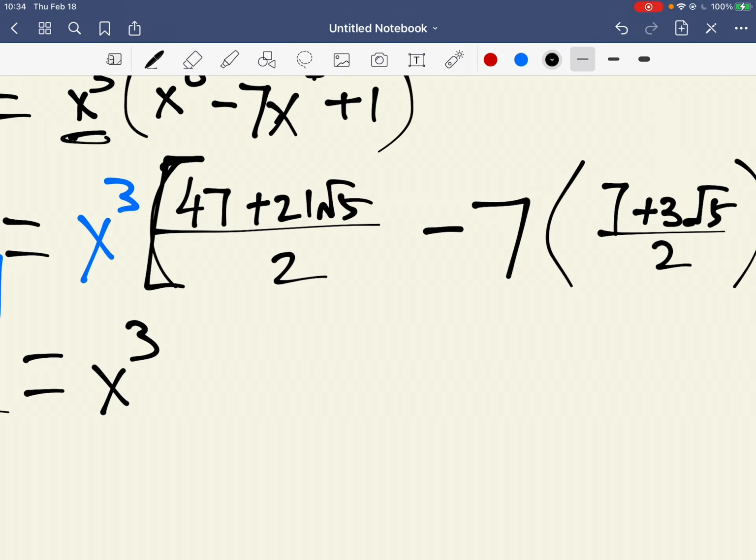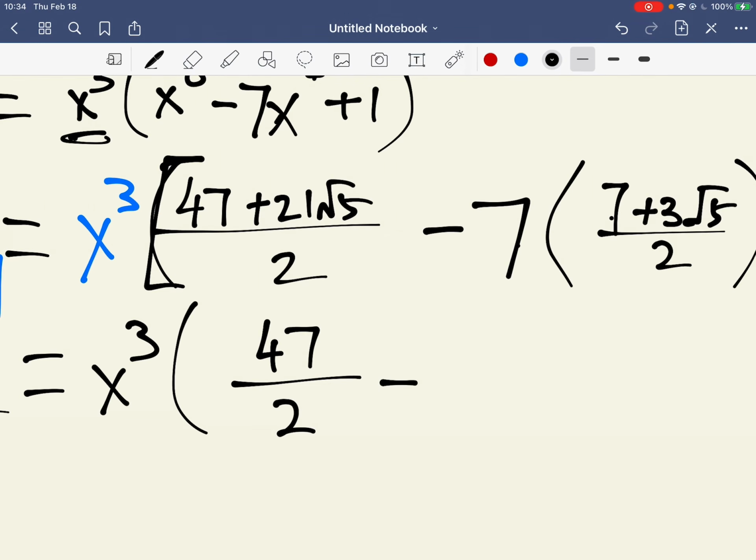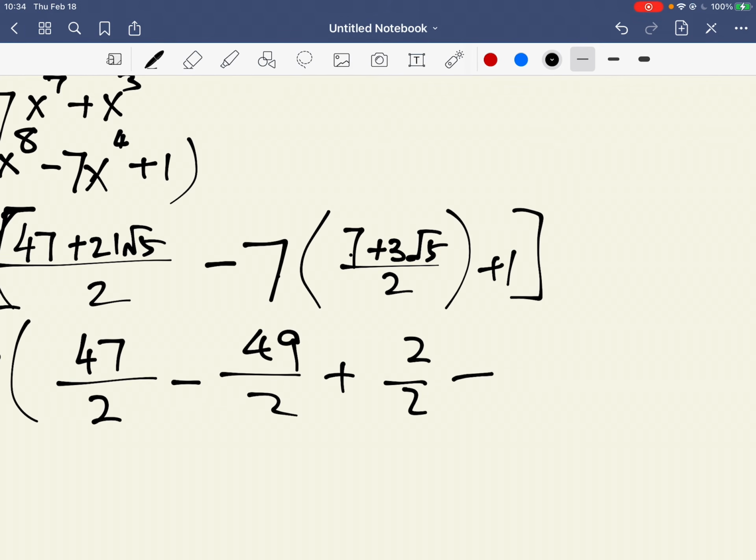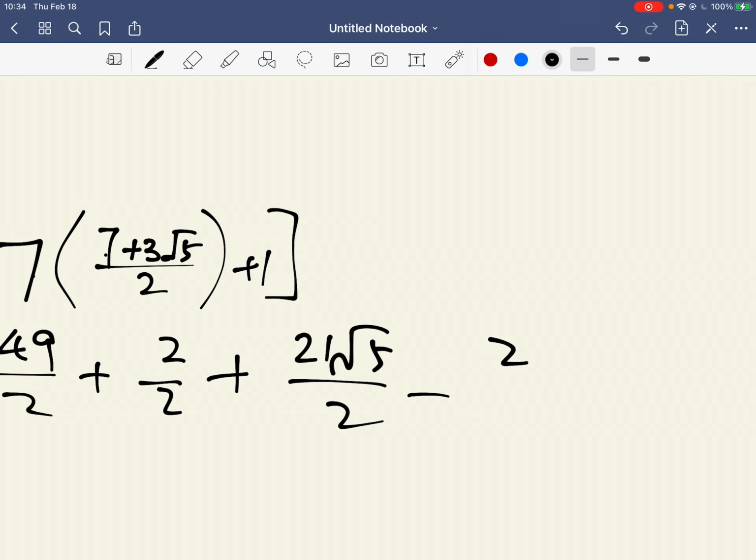We will separate the rational and irrational, or radical, terms. The rational term is 47 over 2 minus 7 times 7 over 2, which is 49 over 2, plus 1, which is 2 over 2. And the radical term would be 21 root 5 over 2 minus 7 times 3, which is 21 root 5 over 2.